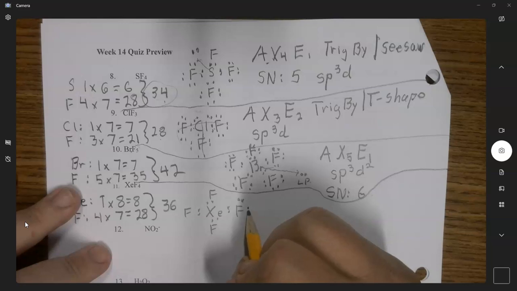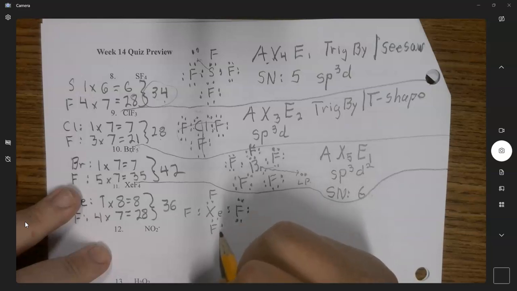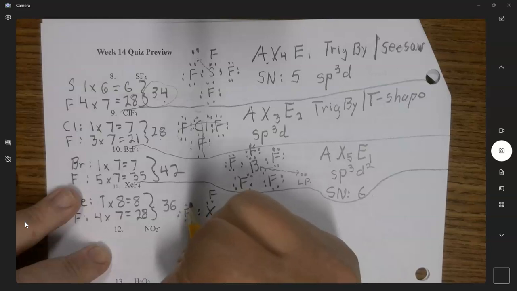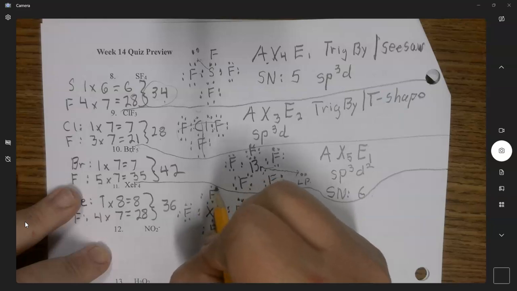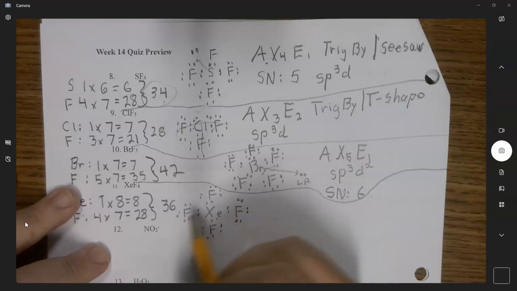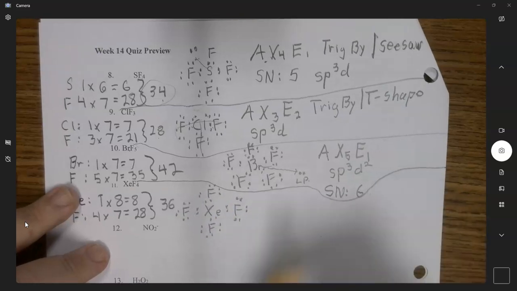Again, notice the sequence in which I'm building these. Don't skip steps, just go ahead and do them the way I'm doing them. So now I'm completing octets around all the fluorines. So we have 8, 8, 8, 8. 4 times 8 is 32, but 36 you have to have.